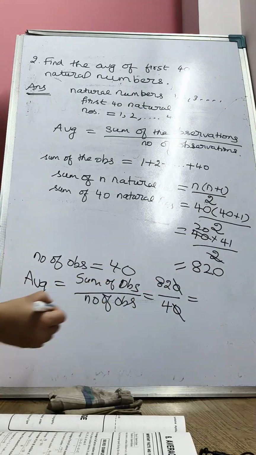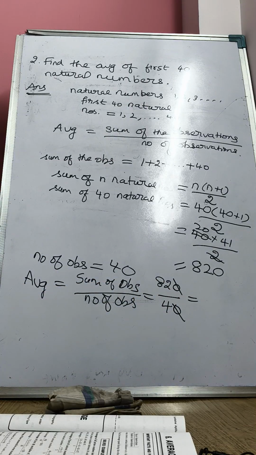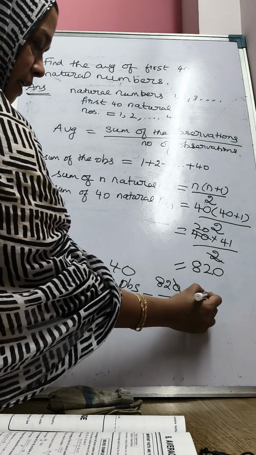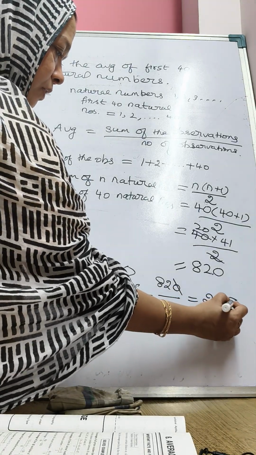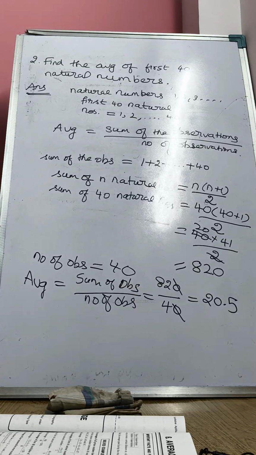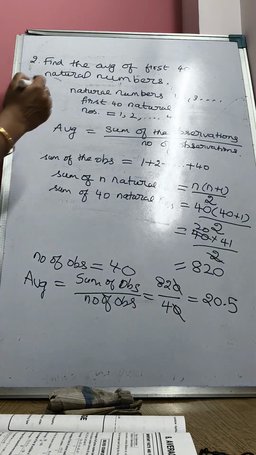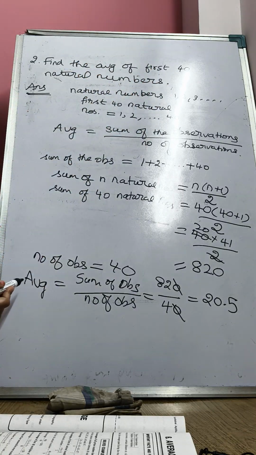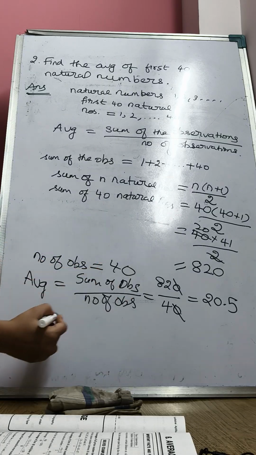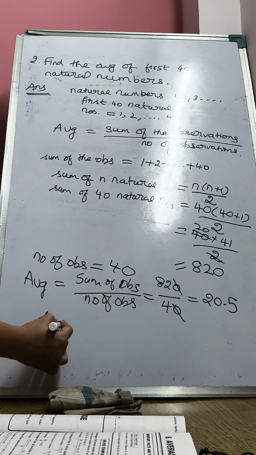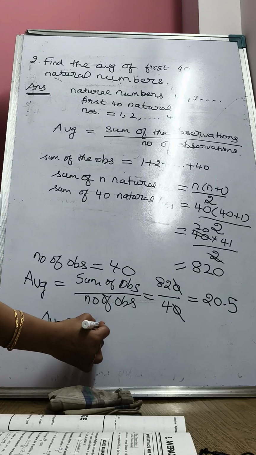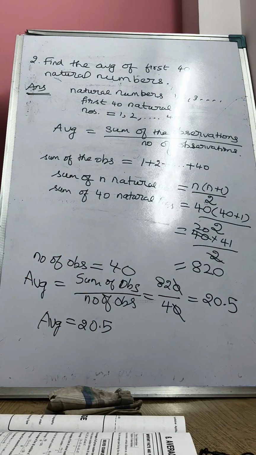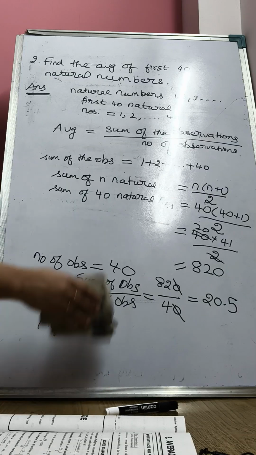So this is equal to 20.5. So the average of first 40 natural numbers is 20.5. See how easy it is? Okay. Now let us move on to the next problem again, which is a simple problem.